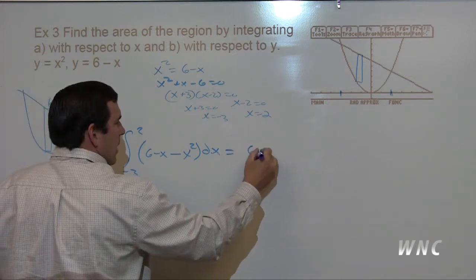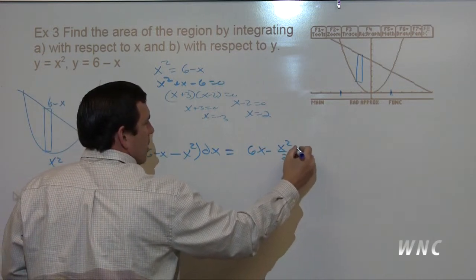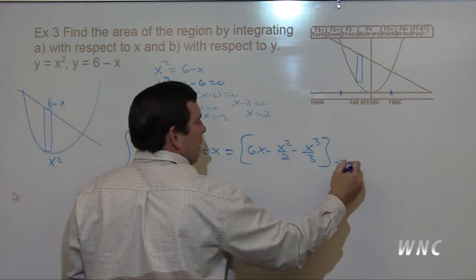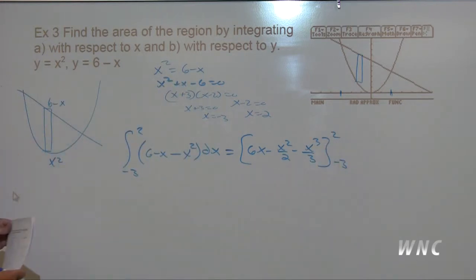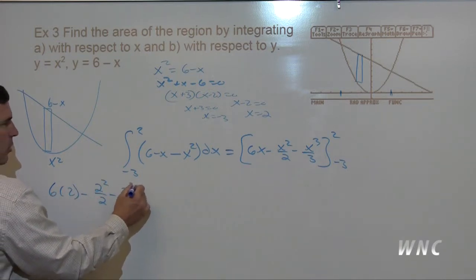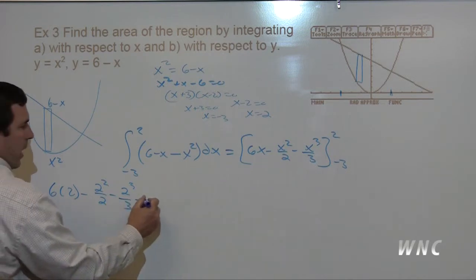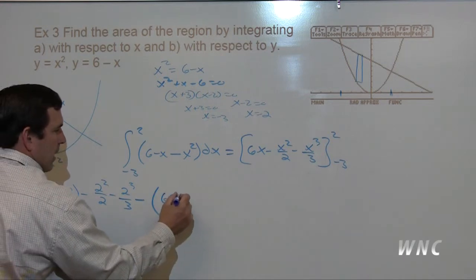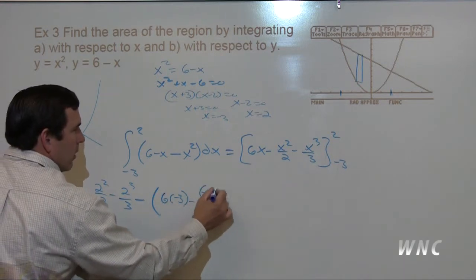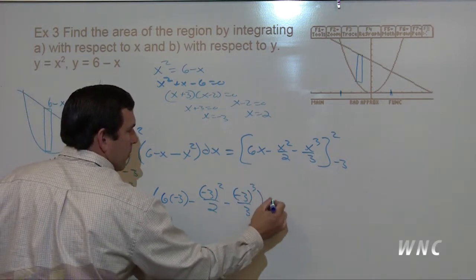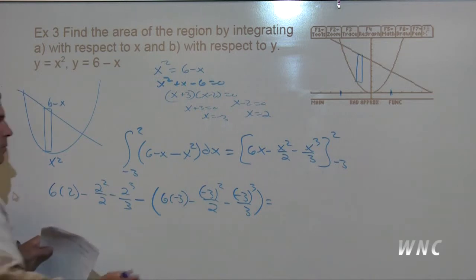That's going to be 6x minus x squared over 2 minus x cubed over 3 from negative 3 to 2. That's 6 times 2 minus 2 squared over 2 minus 2 cubed over 3, minus quantity 6 times negative 3 minus negative 3 squared over 2 minus negative 3 cubed over 3. That's 12.